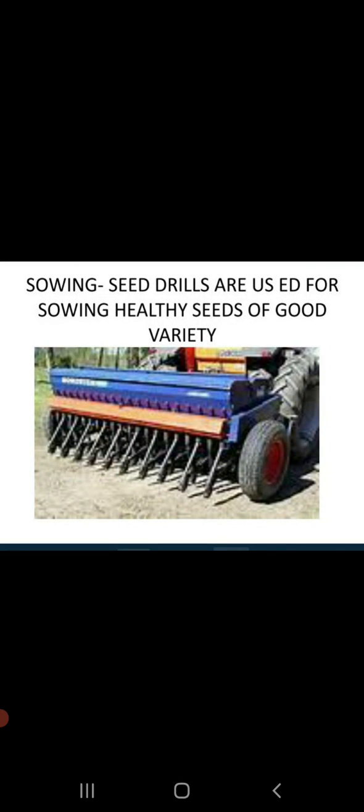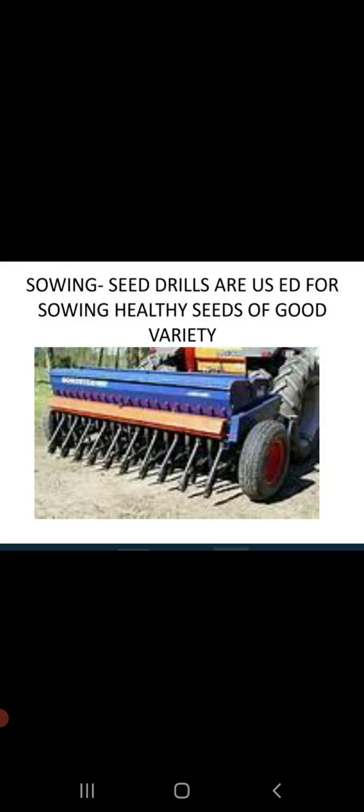The second method is by using seed drills. Seeds can also be sown by using a simple implement or a simple machine called a seed drill. Seeds sown with a seed drill are evenly distributed and they are at proper distance from each other and they reach the right depth.